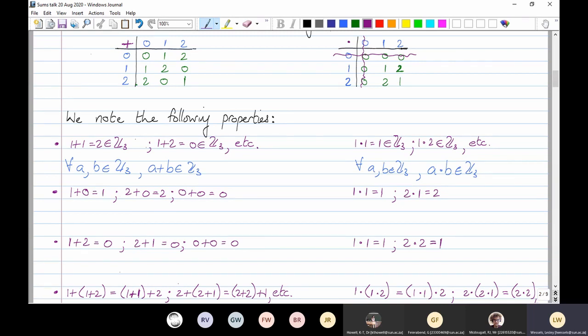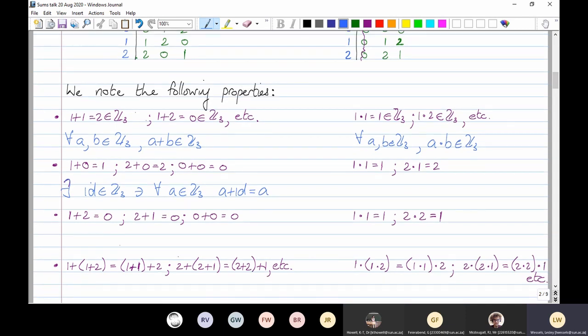In other words, there exists, let's call it an identity element in Z3, such that for all A in Z3, we have that A plus the identity is equal to A again. And the same for multiplication.